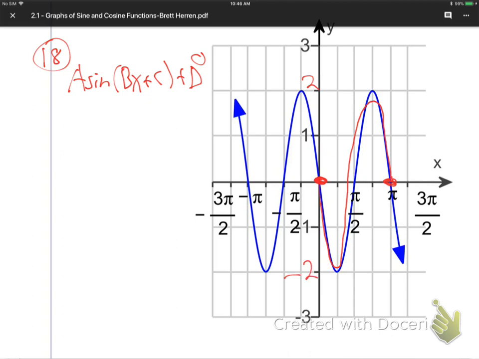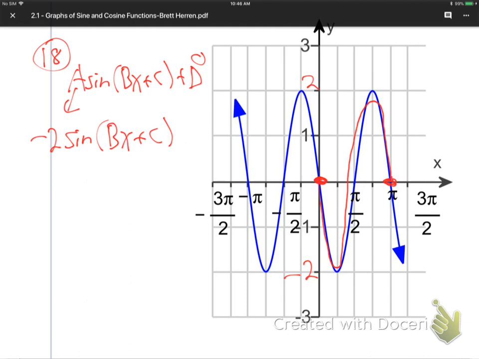Oh, and it's going down first. Good job. So the A must be -2. Everybody good so far? And the d out there is 0, or you can just skip it. Just trying to pick off the information. Normally sine goes up first and then down, but this one goes down first, so it's -2 sine.